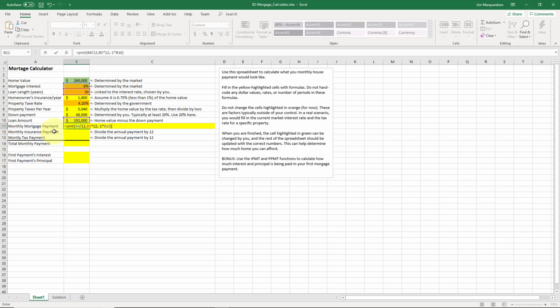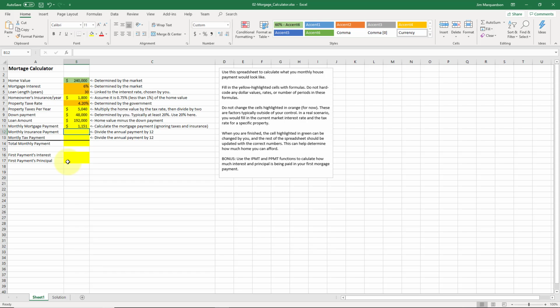It doesn't really matter if it's negative or positive. This just makes sense to my brain. So my payment just to the bank for the loan is going to be $1,151 per month. Okay, so what's my monthly insurance payment? Often you'll just write one check for the mortgage, insurance, and tax using escrow services.